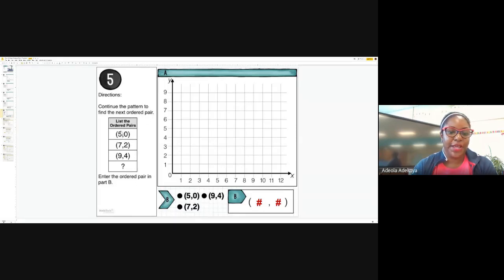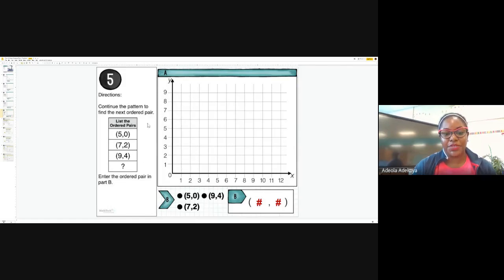Remember, it's always your x before the y. This is my origin right here, and this is my x-axis, into the house. So my origin is my start. That's my door. I'm going into the house, x-axis, and then before I go up the stairs, y-axis.